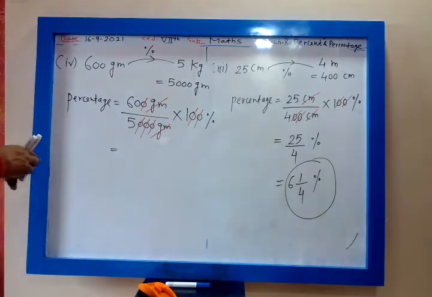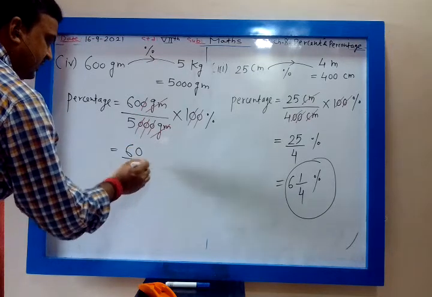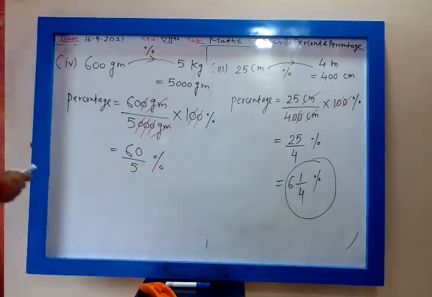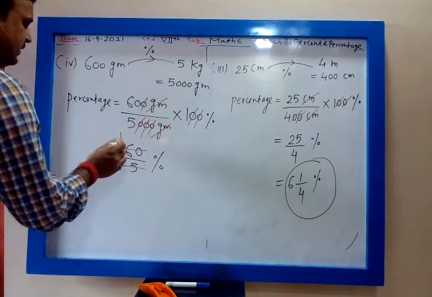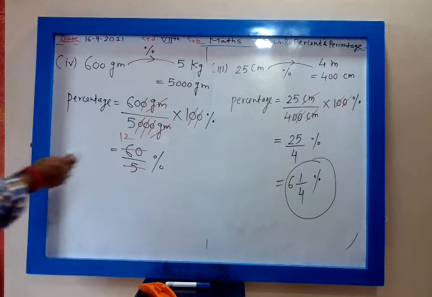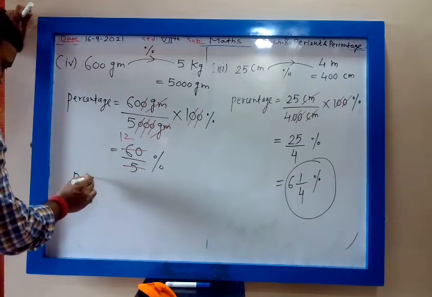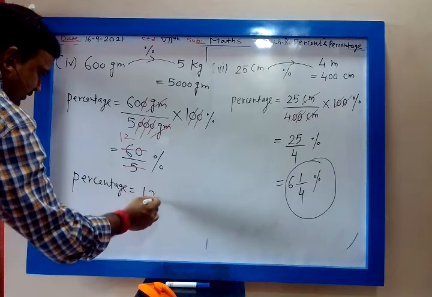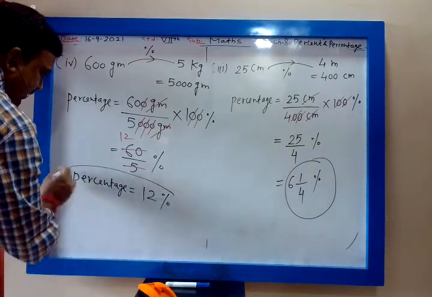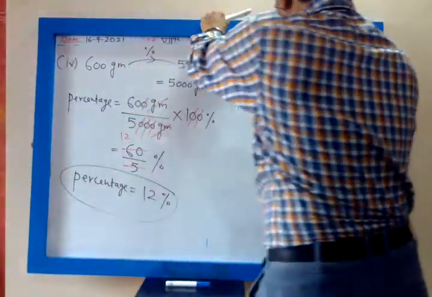That is 60 upon 5%. If you see the table, 5 ones are 5, 5 twos are 10, 12%. Percentage is 12%.